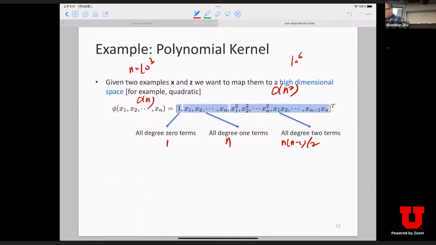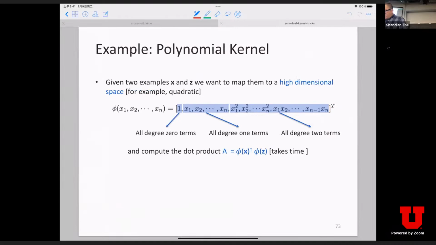And in that case, suppose we want to compute the dot product between the mapped feature vectors. Imagine that I first do the feature mapping. That means I need 1,000,000 computations to construct the 1,000,000 dimensional feature vector. Then I do the inner product. The time complexity is still 1,000,000, right?